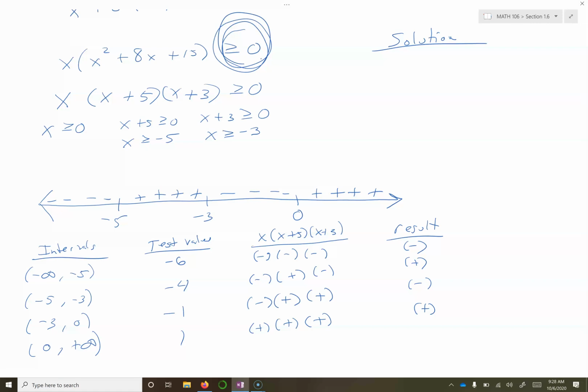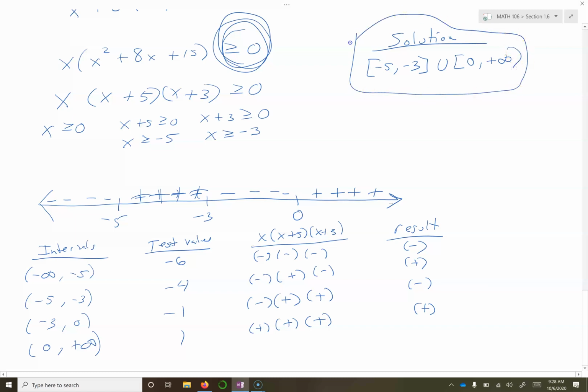Now, because it's greater than or equal to, I have to use square brackets. So I'm going to put a square bracket at negative 5 all the way to negative 3 square bracket, because you see that these are positive. And then I'm going to union it with a bracket at 0, because, again, we're doing greater than or equal to, and then we're going all the way up to positive infinity, and that's going to be a parenthesis. All right, so you're trying to figure out on the number line what's positive, what's negative.